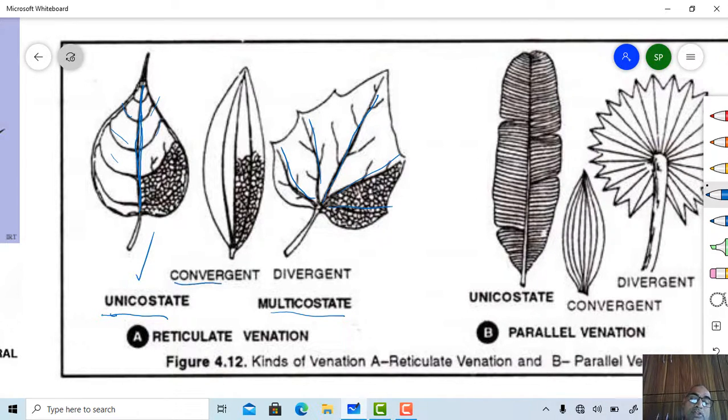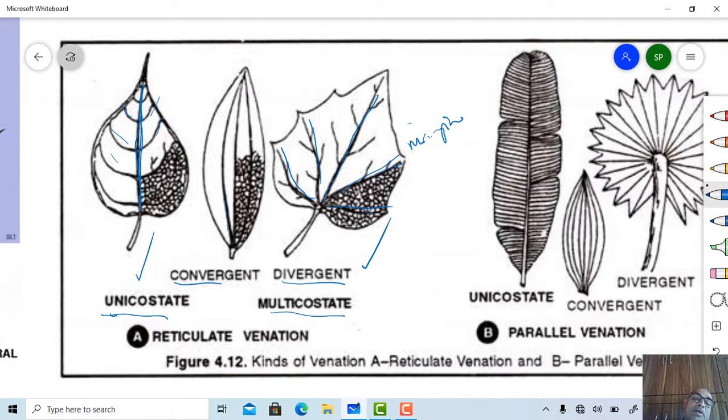Again, it shows convergent and divergent. If these principal veins move towards the margin, then it's called divergent. It shows diverse nature. And what is convergent?